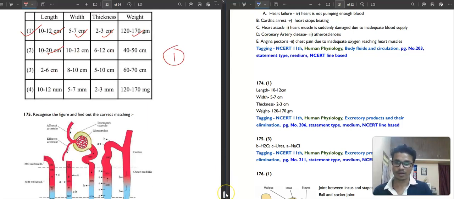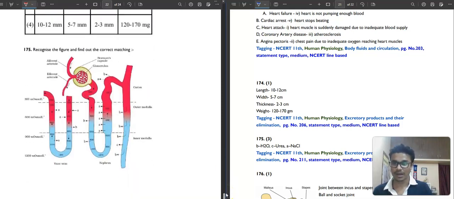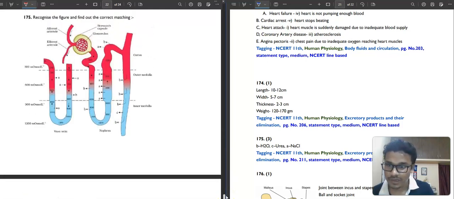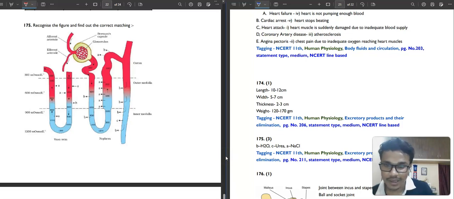It is saying, recognize the figure and find out the correct match. A H2O, B urea, C NaCl. So here you have to find A, B, C. Sorry, A will not be H2O.